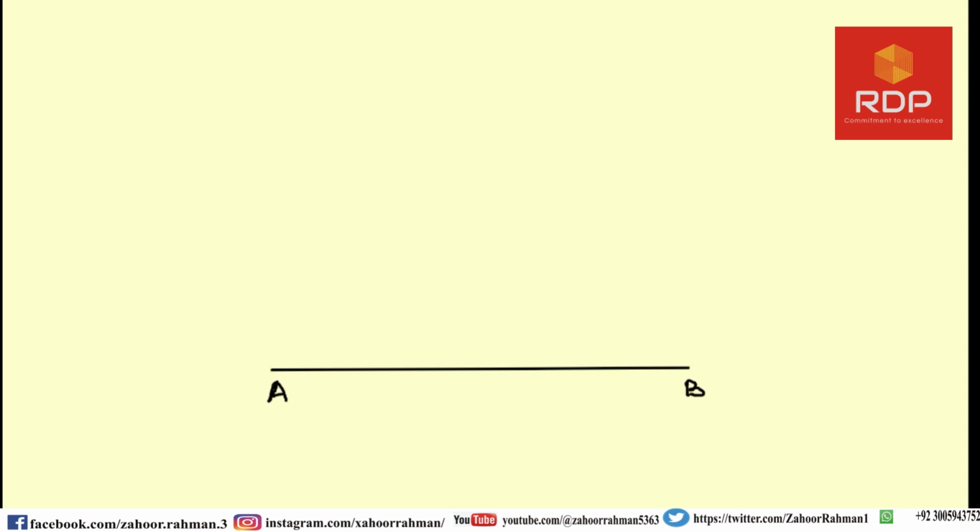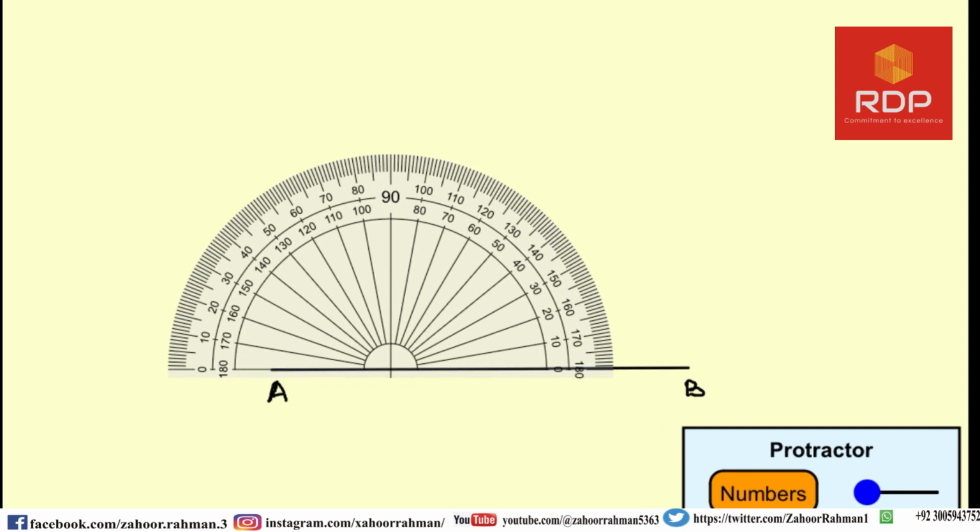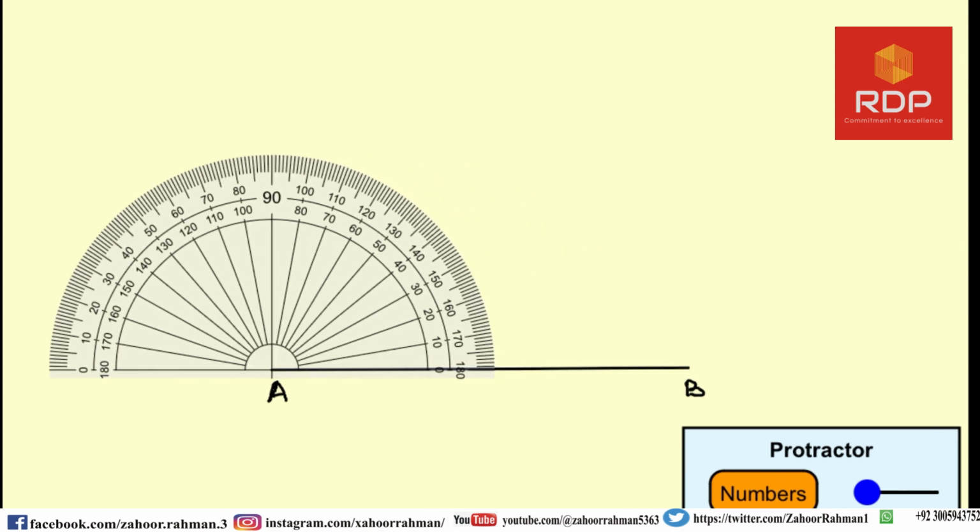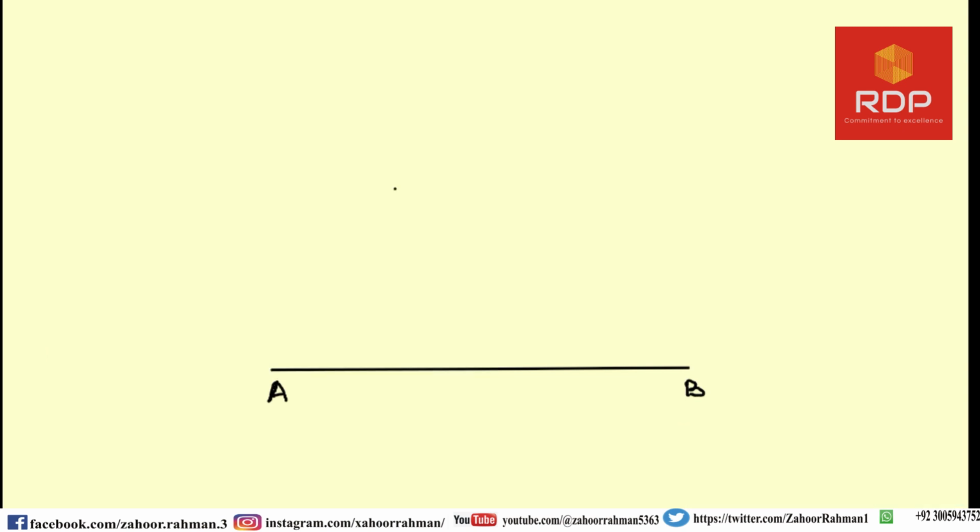I am naming it, and then they are saying to construct a BAC of 56 degrees. So let us introduce this, and 56 degrees will be somewhere here. This is 50, 55, and 56 will be somewhere here.